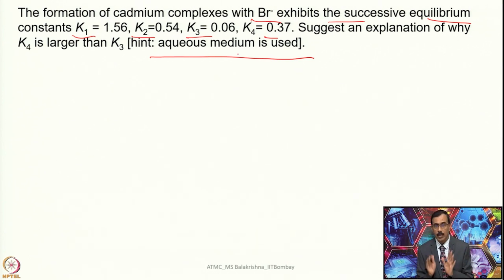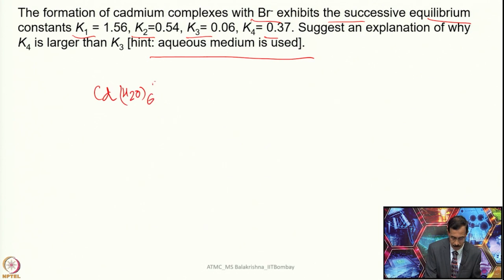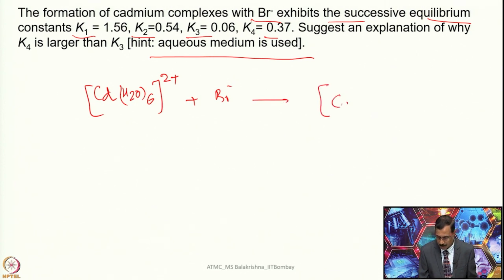In the aqueous medium, if you take cadmium, it will be hexaaqua cadmium 2+. You take to begin with [Cd(H2O)6]2+ and add bromide. What would happen? What you get is [CdBr(H2O)5]+, and H2O comes out.